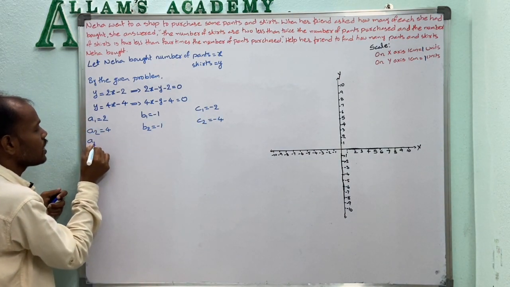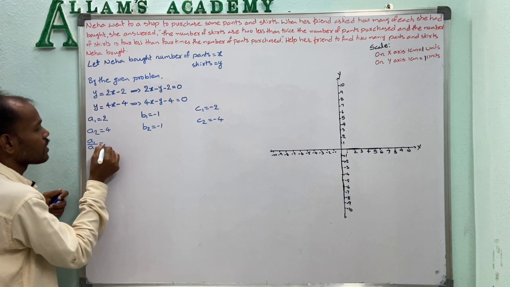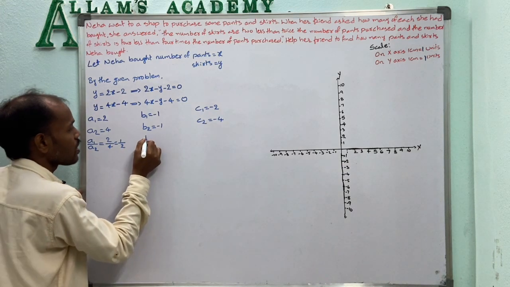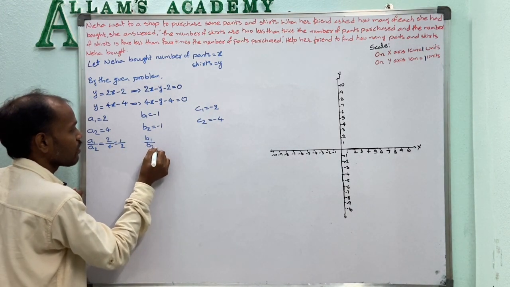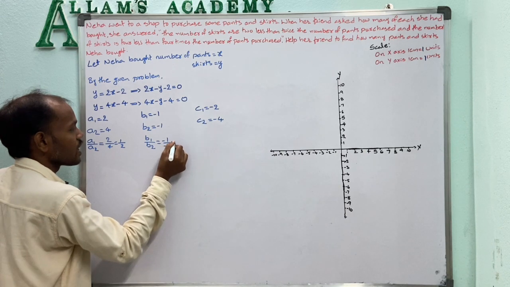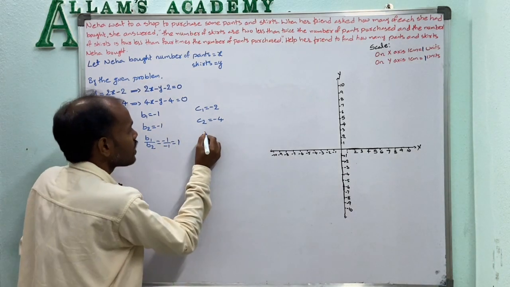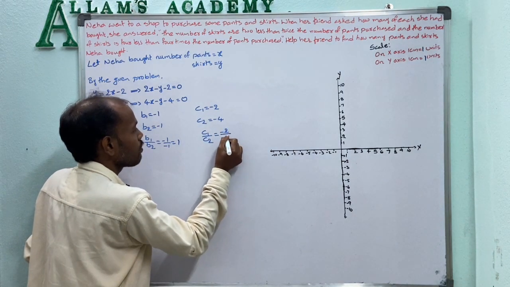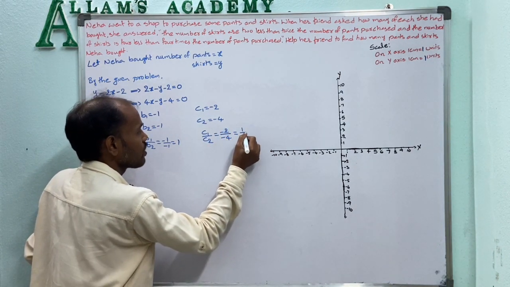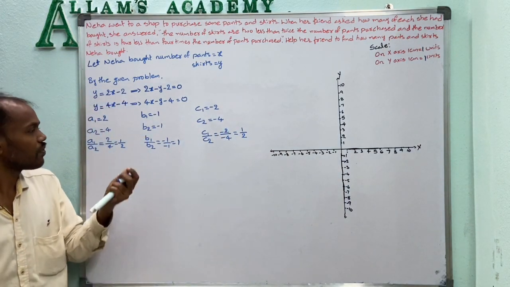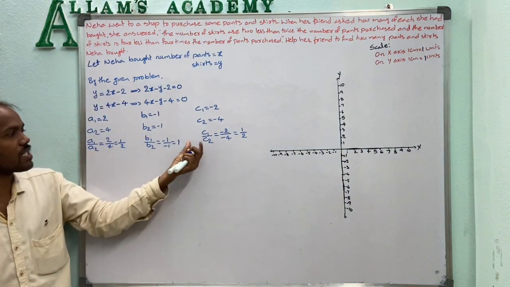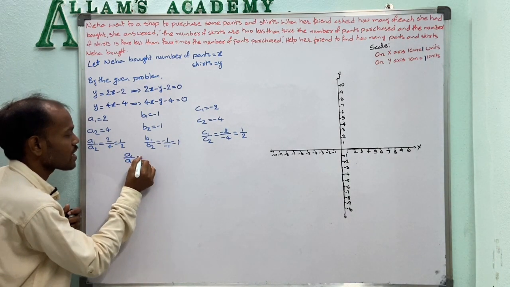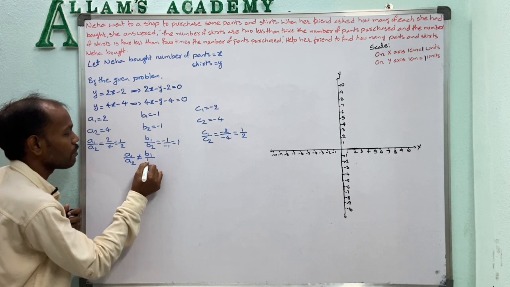Now a1 by a2 is 2 by 4, that is 1 by 2. b1 by b2 is minus 1 by minus 1, that equals 1. c1 by c2 is minus 2 by minus 4, that equals 1 by 2. Now if we observe the ratios of coefficients, a1 by a2 is not equal to b1 by b2.